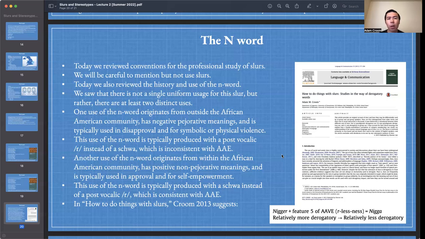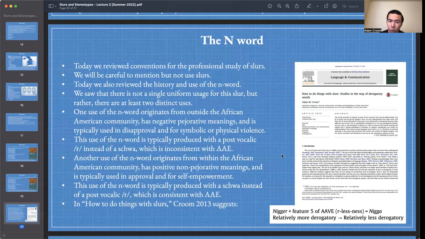We also saw that there's not a single uniform usage of this slur, but rather there are at least two distinct usages. One use of the N-word originates from outside the African-American community, has negative, pejorative meanings, and is typically used in disapproval and for symbolic or physical violence. This use is typically produced with an R instead of an A, which is inconsistent with African-American English.